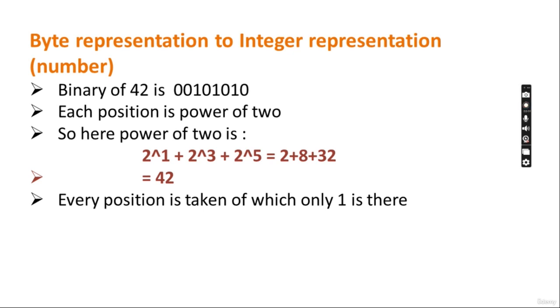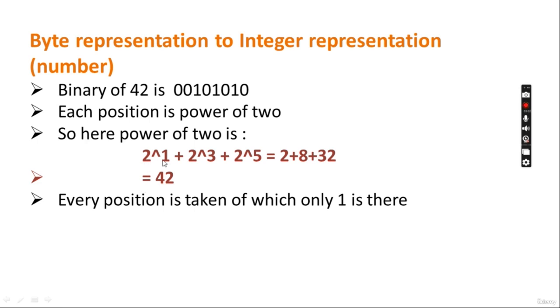Byte representation to integer representation. So the binary of 42 is written as 00101010. Each position is a power of 2. So we take the power of 2 for each position and add them up. The positions are counted from right to left, the first index from the right being 0, then the second index being 1.